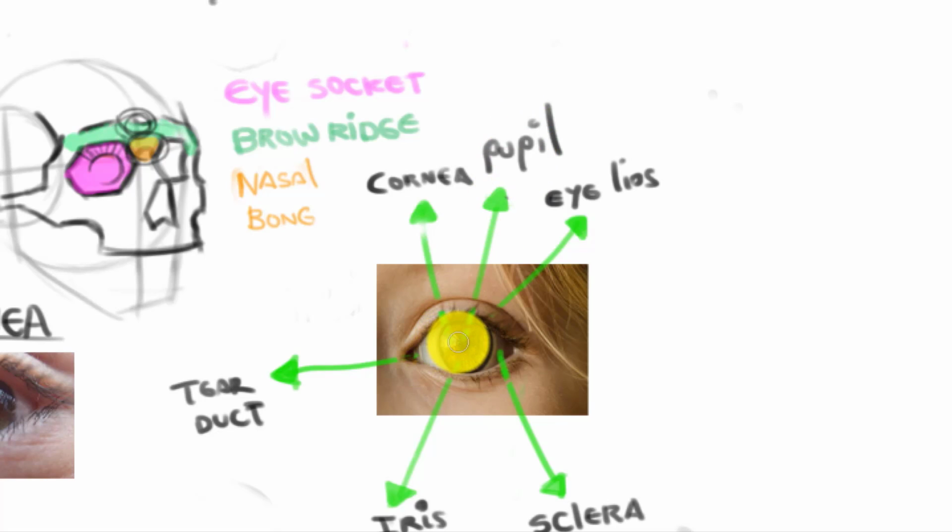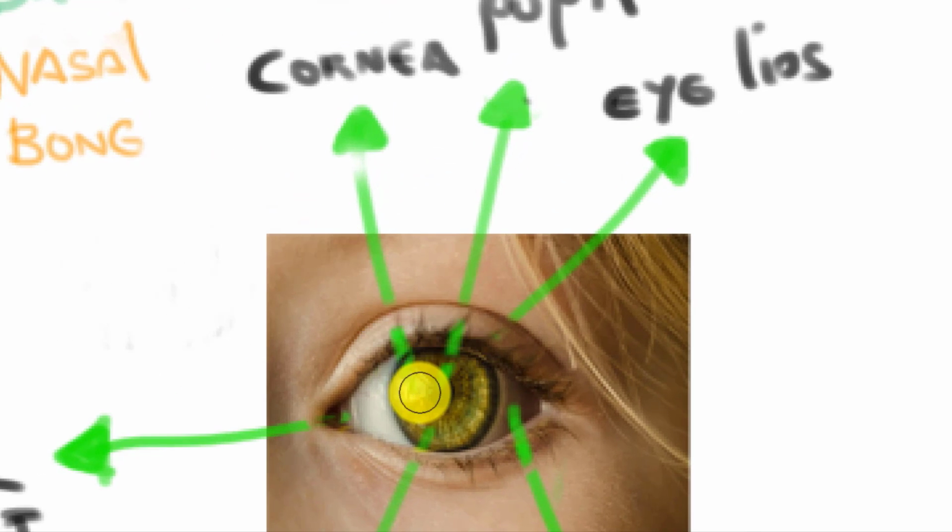So actually, when light hits our eyes, the light gets inside our eyes through the pupil. And the last one is the cornea, which is actually transparent. But if you look in this area, you can see this highlight. This is actually the cornea, which is transparent and looks like a contact lens.